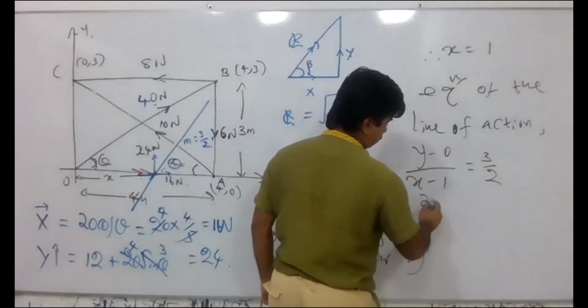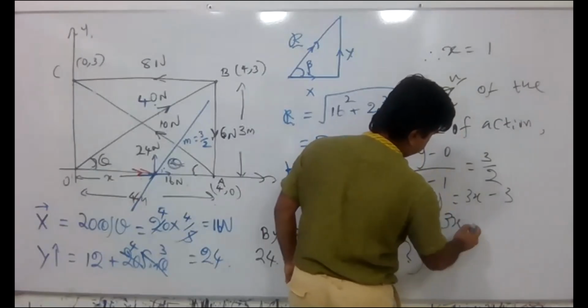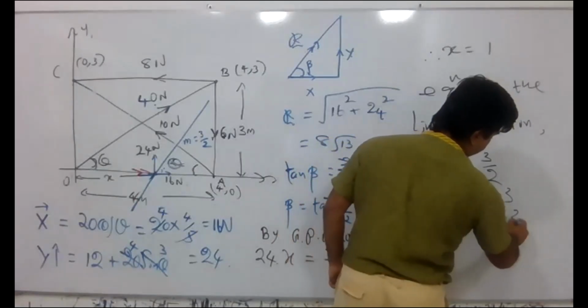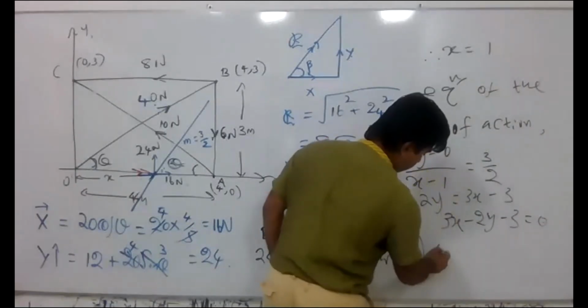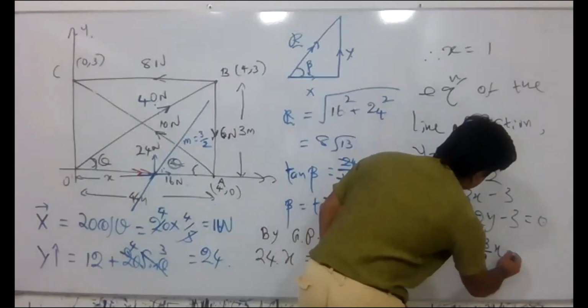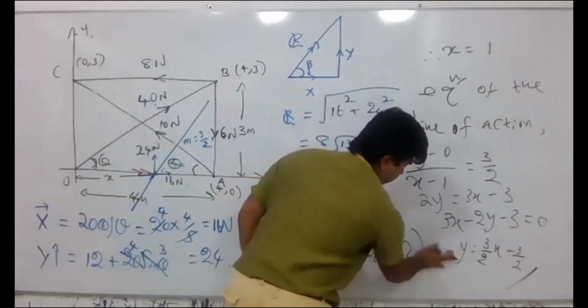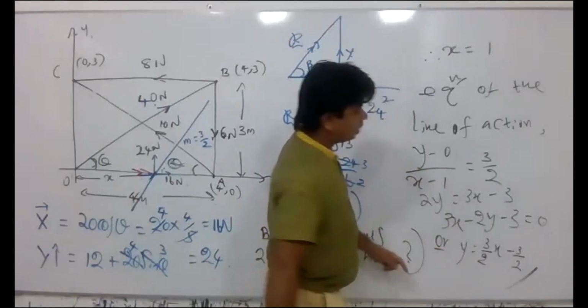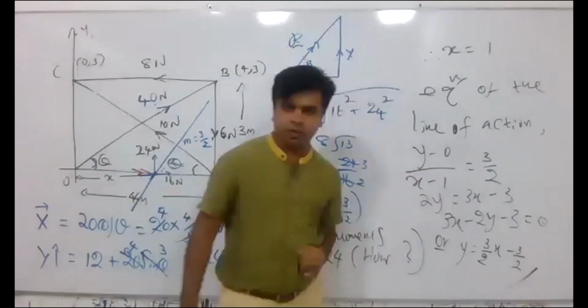So 2y equals 3x minus 3. Otherwise, 3x minus 2y minus 3 equals 0. Either this way or y equals 3 over 2 x minus 3 over 2. That also is accepted. But in the exam, you have to write only one of these forms. That's the way. Okay. Please take.